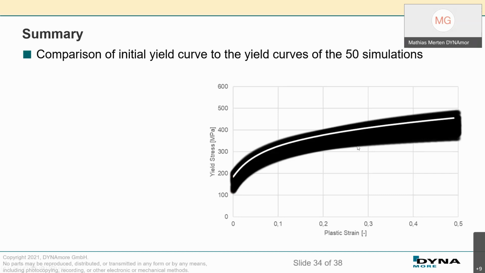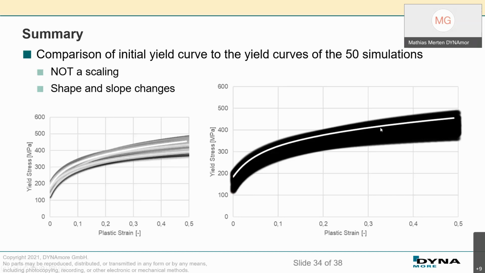From that picture, you may conclude that it's just a simple scaling of the yield curve. But if you take a look at each yield curve on its own, you may see, for example here, that they are not the same; there is some change in the slope and in the shape.